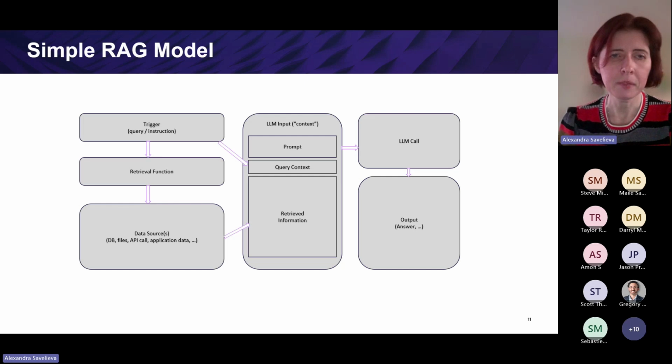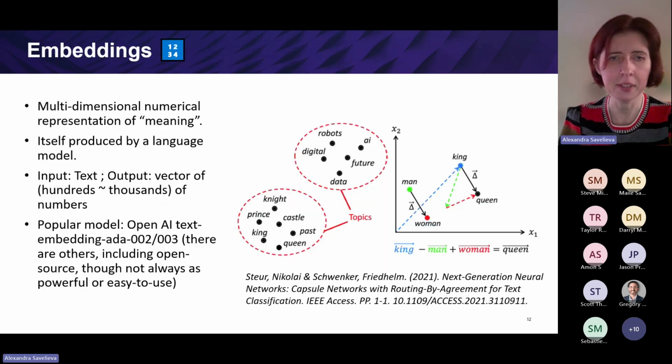Then we send the user question, the materials which were found as relevant to this question, and the prompt explaining to the language model what we want out of it. This may include, for example, things like the structure of the response and the style of the response, and then it is sent to the model, and then the output is sent back to the user. So at a high level, this is how this works.